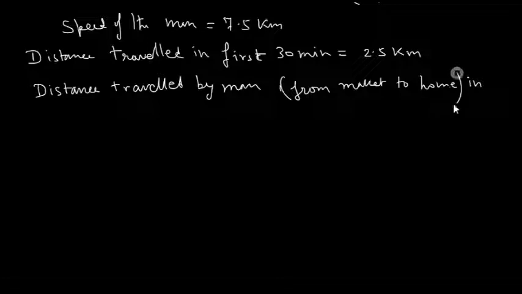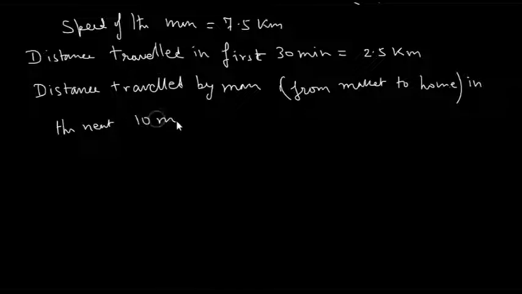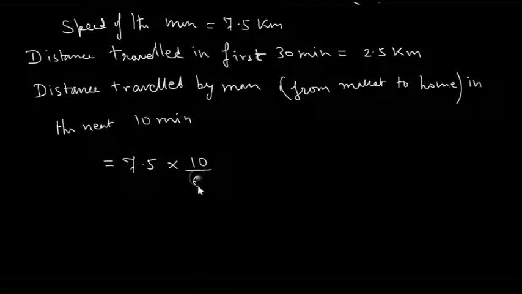in the next 10 minutes is equal to 7.5 multiplied by 10 upon 60, which is equal to 1.25 kilometer.